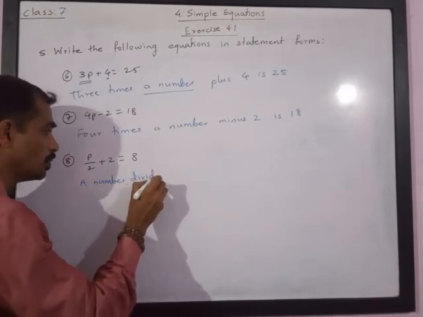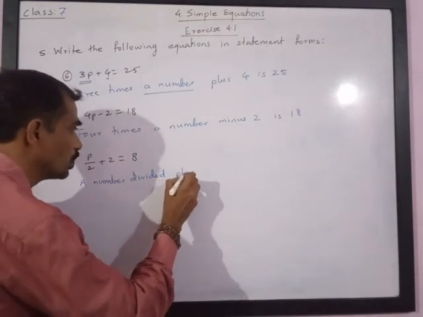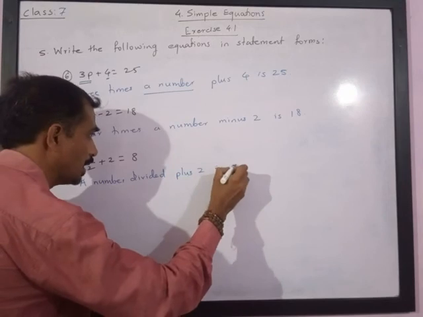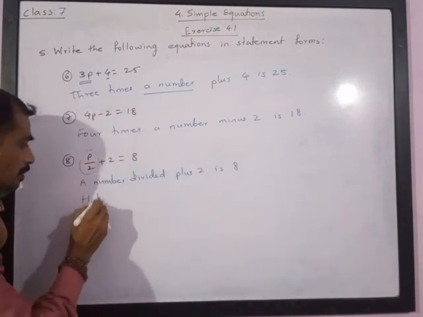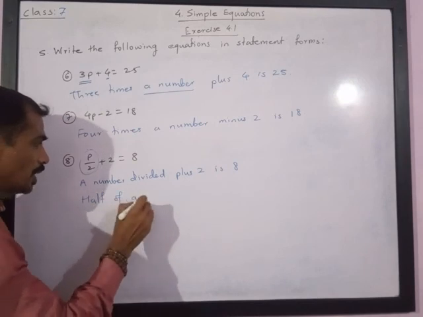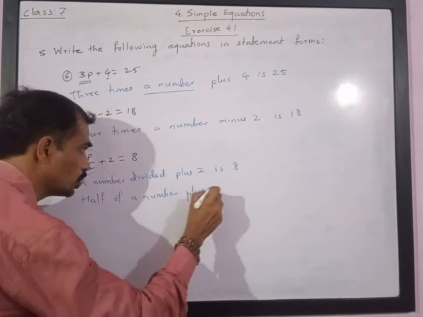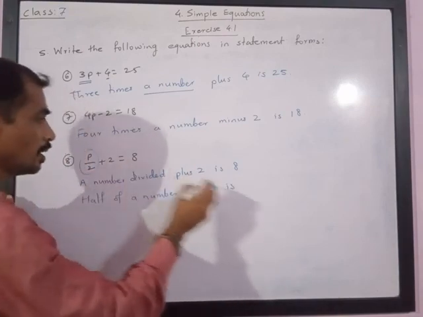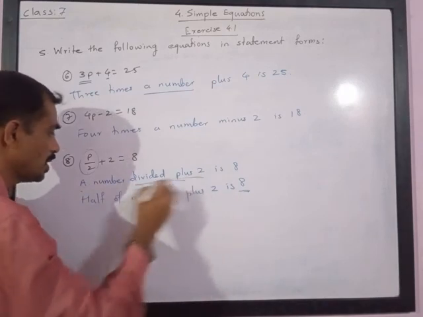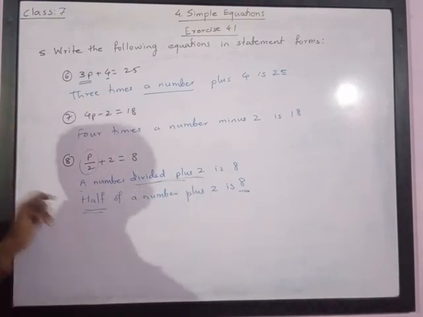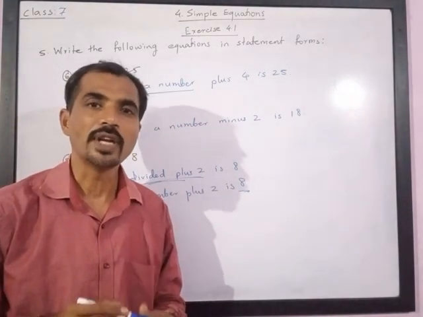This p upon 2 can also be written as half of a number plus 2 is 8. Divided by 2 means half. So it can be written in any one of the ways. Half of a number plus 2 is 8. They all mean one and the same.